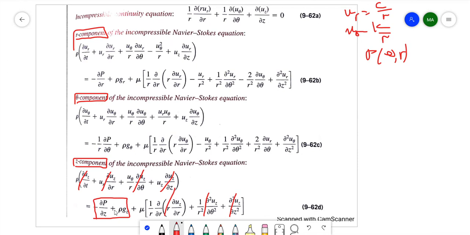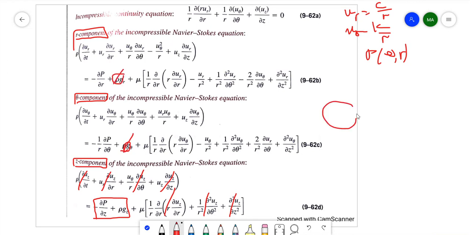So this will be the variation of pressure with the z direction. We assume in cylindrical coordinates that the body force, which is rho g_z, is in the z direction. So here we don't have body forces, which are the gravity.